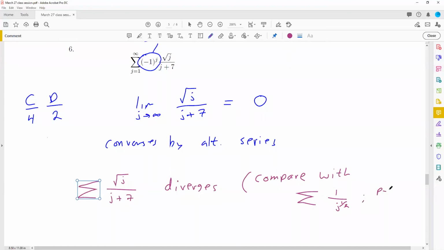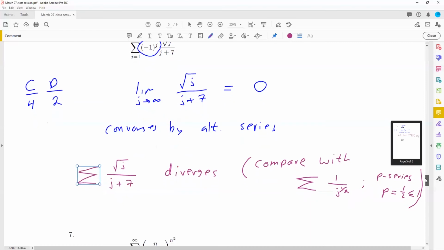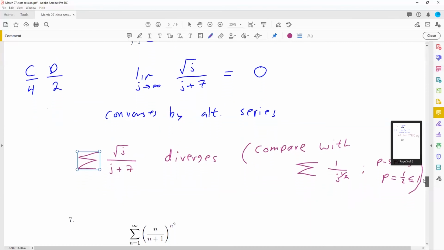That's a p-series with p equal to 1/2, which is less than or equal to 1. So that's why it would diverge if that term wasn't there.